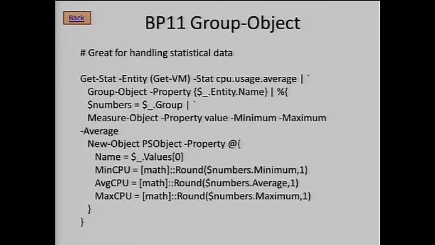But that means later on when I want to report, I want to have my report lines again, VM per VM. So we use the group object, which is shown on the 3rd line, we order this on the name of the VM, which makes it very handy. We get, per VM, a group where we can calculate our values and display them in the report. So this is quite useful to know if you want to make reports with statistical data.